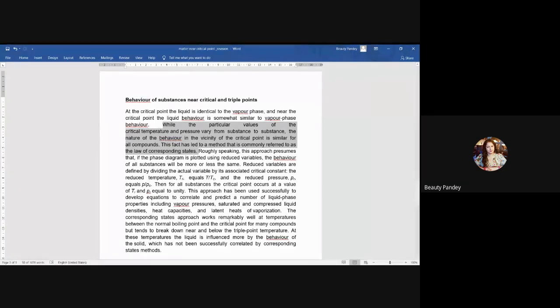Now, this approach directed us towards another concept, that was the concept of reduced variables. So what are reduced variables? Reduced variables are defined by dividing the actual variable by its associated critical constant.